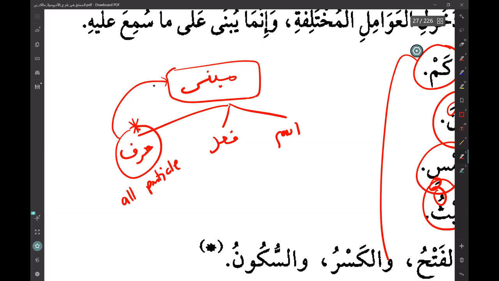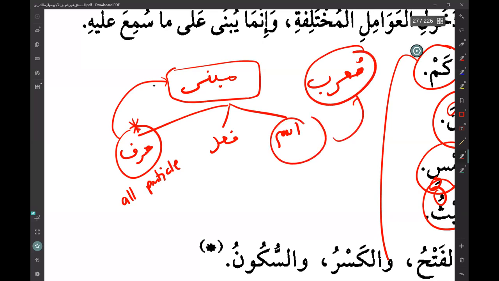So this is the asl of the way the Arabs think about mabni and morab, which is different. Morab, the asl is all the nouns should be morab. It's not the case, but we're talking about asl. They want every noun to be morab. In terms of harf, right now, just think about all the harfs, they are mabni.